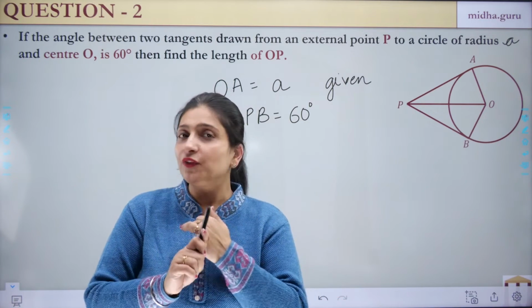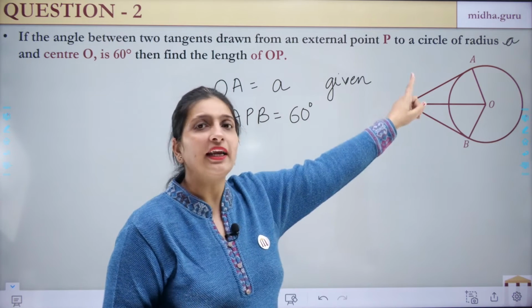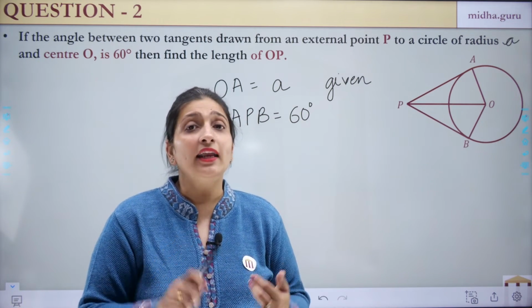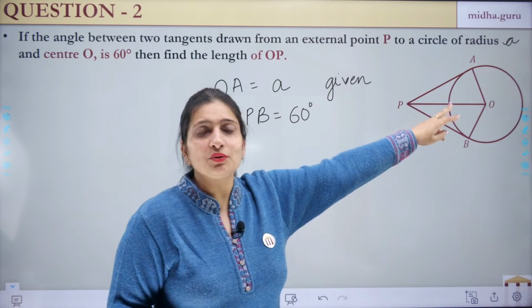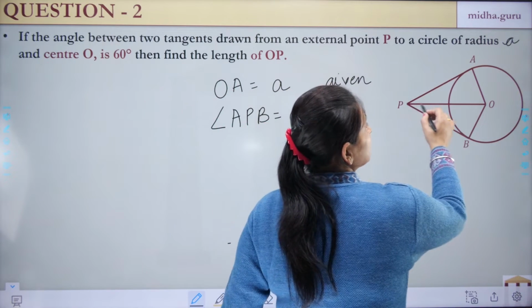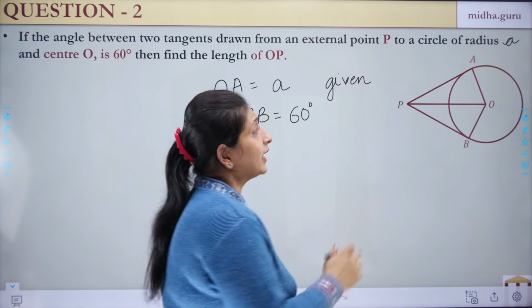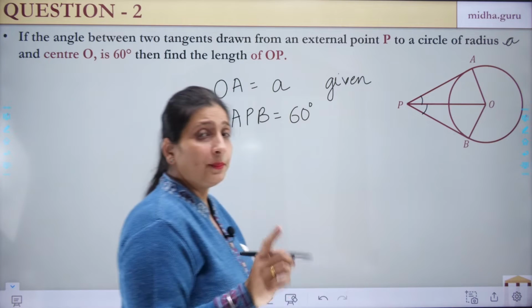Now, in the last video, what we studied, when two tangents are drawn from an external point, then the length of the tangents are equal first. Second is they subtend equal angle at the center, and the third was they are equally inclined to the line joining the center to that point of contact. That means the two tangents are equally inclined to OP. That means angle APO is equal to angle OPB from theorem 3.